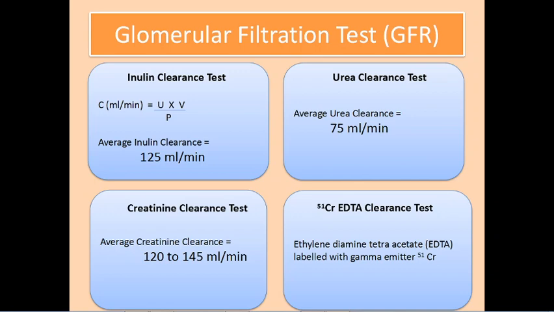The fourth method is to use ethylene diamine tetraacetate labeled with the gamma emitter chromium. This radioisotope metal is metabolically inert and rapidly eliminated by glomerular filtration, and is neither reabsorbed nor secreted by the tubules.